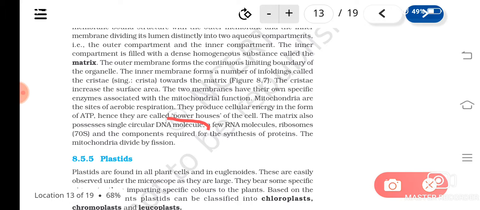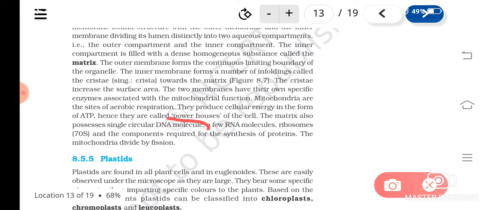When it enters the cell, it will undergo glycolysis and form pyruvic acid, and then pyruvic acid can enter into the mitochondria, and there ATP synthesis takes place. Means oxidation of pyruvic acid takes place. During that, the energy released is used to make the ATP in the mitochondria. Is it clear? So this is why mitochondria are known as the powerhouse of the cell.